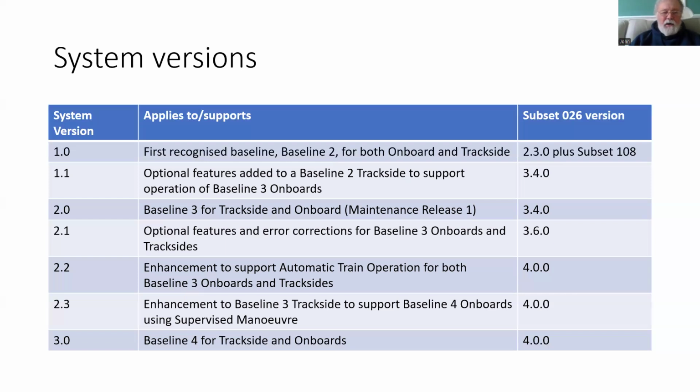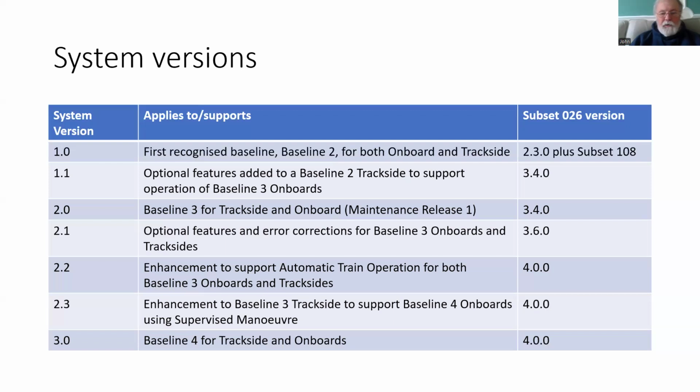Although effectively one is providing baseline 4 functionality on the baseline 3 trackside. And it was also thought that this was an exception to the normal rule where you would be able to upgrade the baseline 3 onboard to support baseline 4 functionality without actually having to include all of the baseline 4 functionality.